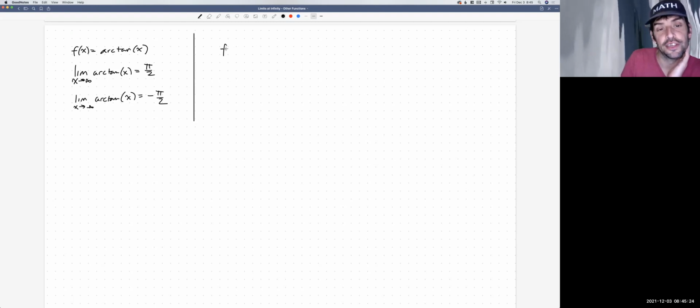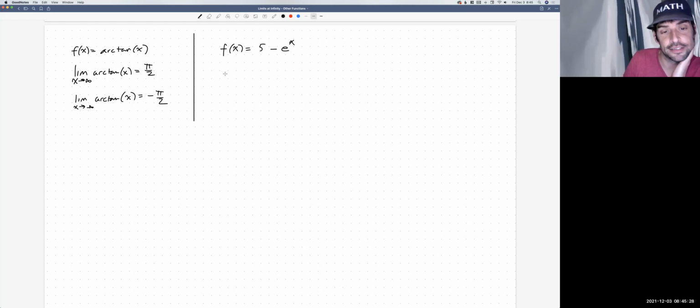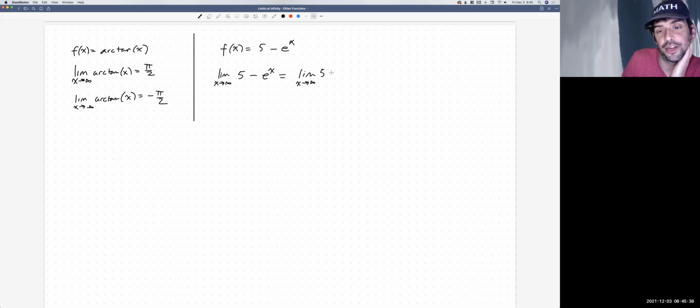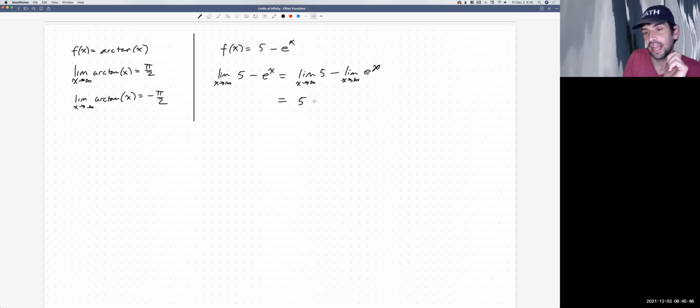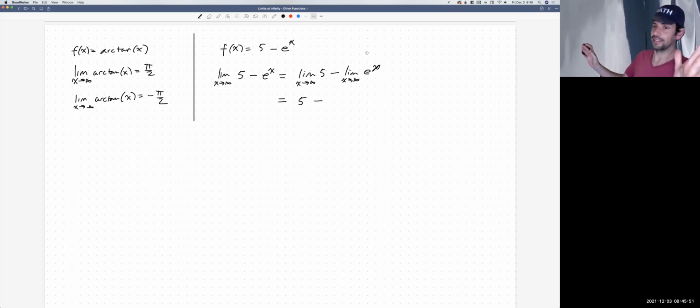So for instance, if I look at f of x equals 5 minus e to the x, and I want to know what happens to this thing at infinity, I'm taking the limit. I get the limit as x goes to infinity of 5 minus the limit as x goes to infinity of e to the x. Well, this first limit is just 5, and then we're subtracting this limit.